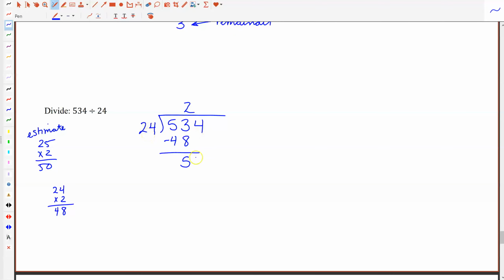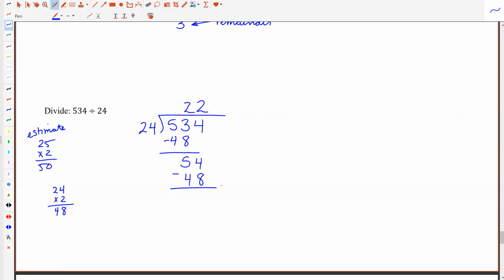So now I'm going to bring down the next number. This is really close to what I started with, so I can use the same estimate. How many times do I think 24 will go into 54? Well, I think it's going to go in 2 times, because 2 times 24 is 48, and that seems really close to 54.